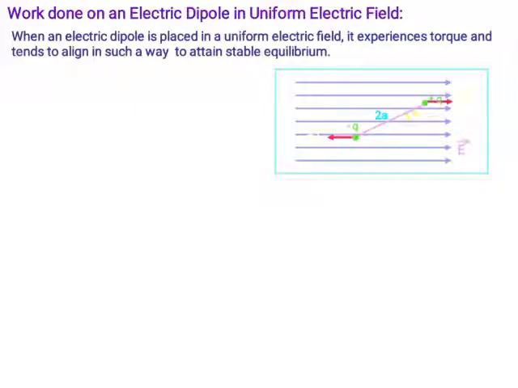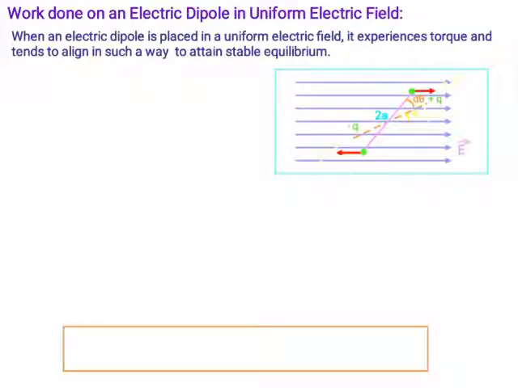The dipole is kept here in the presence of a uniform electric field, and the angle between the dipole moment and the electric field is denoted by theta. When the dipole starts rotating, the angles are changing, that is d theta. This is due to the uniform electric field.